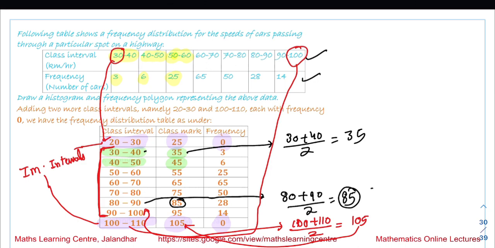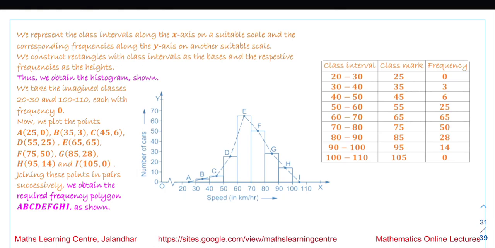So we are drawing the histogram as well as the frequency polygon. So what we have is that the class intervals over here, it is 20 to 30, class mark is 25, frequency is 0. Then 30 to 40, class mark is 35 and frequency is 3. So we have drawn this histogram over here, that from 20 to 30 it is 0. Next 30 to 40, it is this value over here, that is frequency 3.